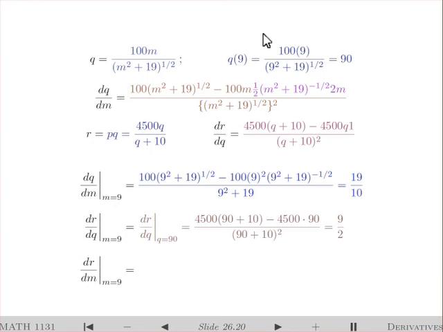That comes out to be 9 halves. Now we have very simple arithmetic left to do. dR over dM is dR over dQ times dQ over dM. We have calculated each factor, so we multiply them. This concludes our look at the chain rule, and we will talk about exponential and logarithmic functions in the next chapter.